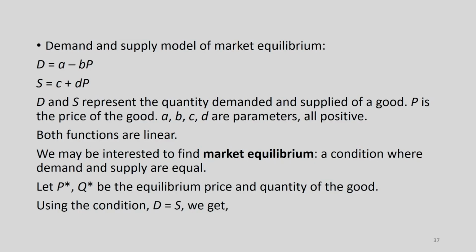Price means price per unit, like 20 rupees per ice cream. So, there 20 rupees is the price. Small a, small b, small c, small d are all parameters, and they are all positive numbers. And you can see both these functions are linear functions. The demand function is a linear function, and the supply function is also a linear function.